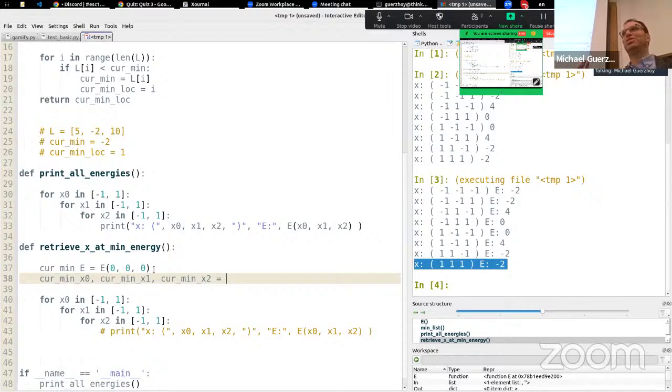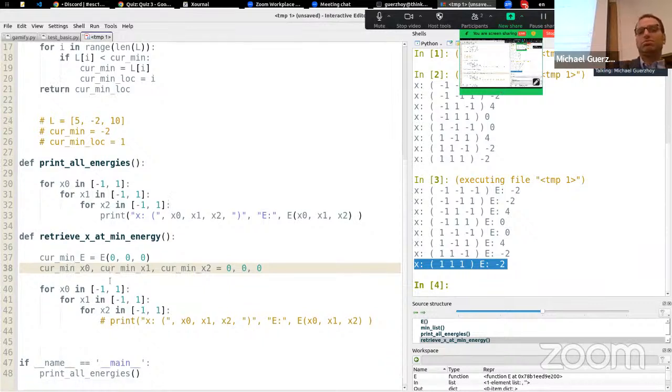If you don't do it, I'll give you time to type it out the inefficient way, but it's worth practicing a little bit. So those would be just 0, 0, 0. Right? So this is just multiple assignment. This is just a short way of saying put 0 in min x0 and put 0 in min x1 and put 0 in min x2. And what I'm saying here is that the current minimum energy that I've seen is the energy at 0, 0, 0. And the x's that correspond to that are also 0, 0, 0.